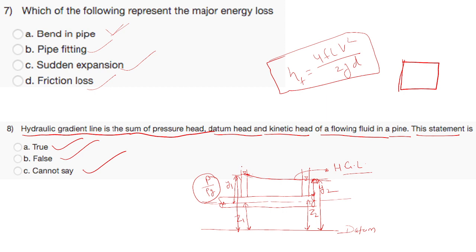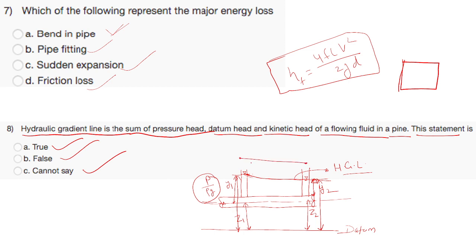Above this imaginary line is the kinetic energy, that is the energy due to flow, energy due to velocity. So let us suppose here and here. This is also connected here.